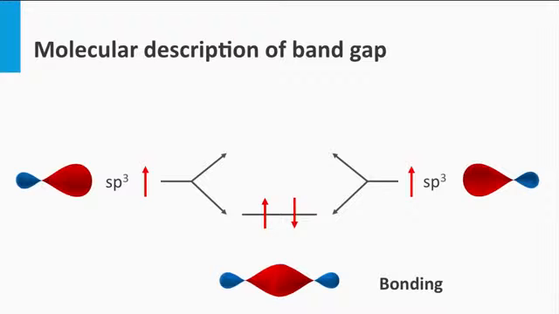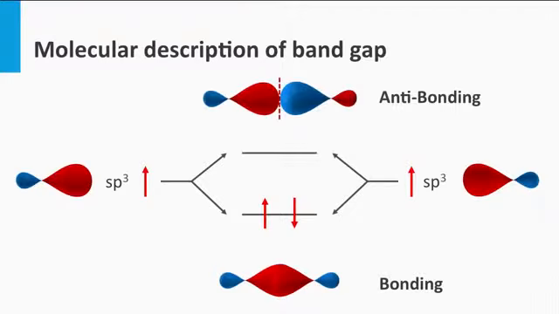This bonding state represents the attraction between the silicon atoms and the creation of a bond. The energy level of the bonding level is lower than the original sp3 level and therefore more stable. The second, higher energy level is called the anti-bonding level.